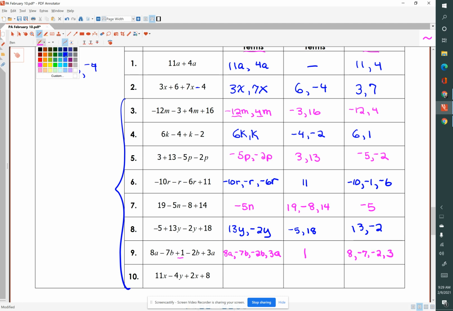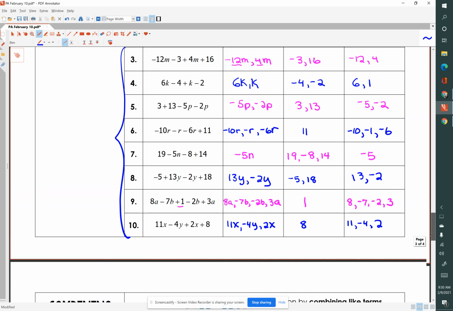And finally, number 10, our variable terms are 11x, negative 4y, and 2x. And the only constant in that expression is 8. And our coefficients are 11, negative 4, and 2.